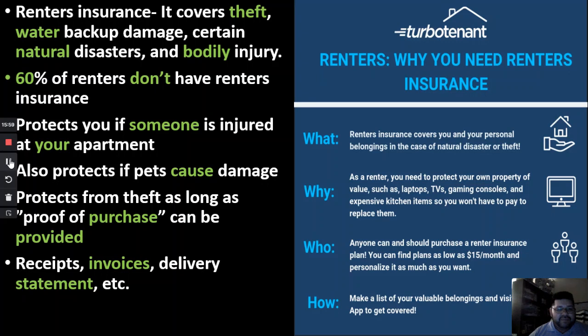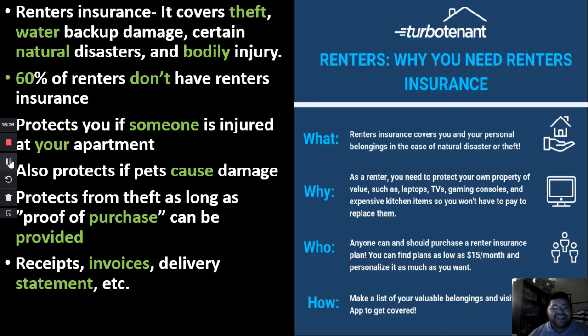Like I said, it protects you if someone gets injured at your place because of things that happen out of the blue. You install a fan and all of a sudden the fan comes down and crashes on someone's head. You put something in your place that could fall over and hurt somebody, then yes, that would be covered.